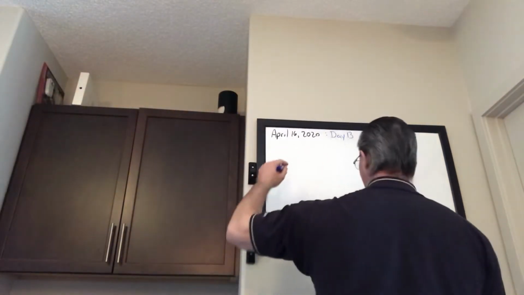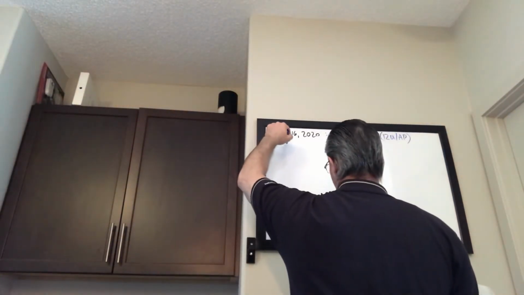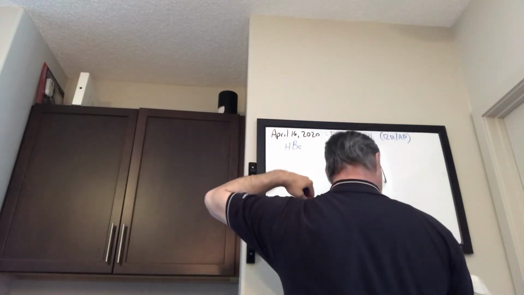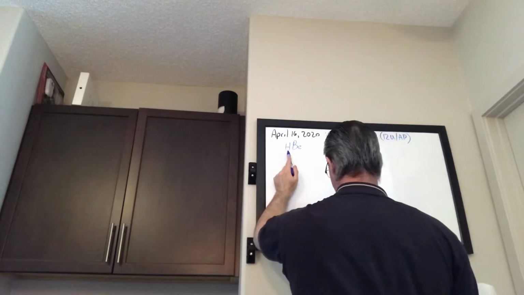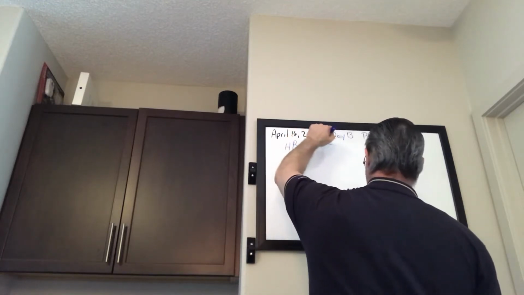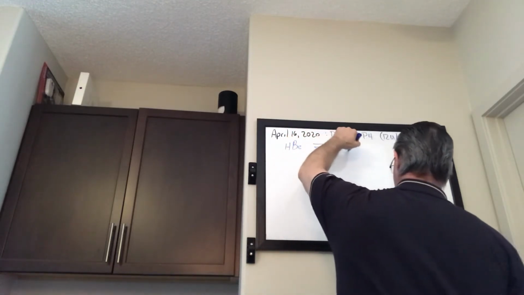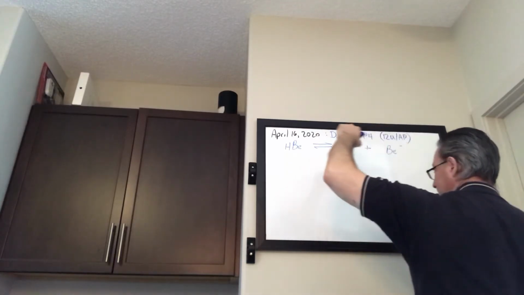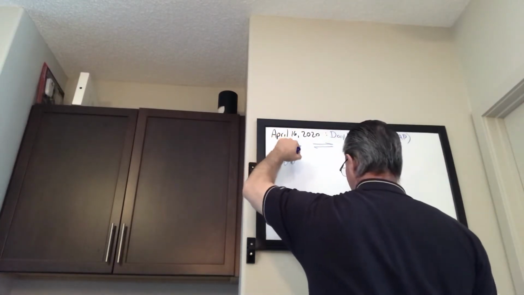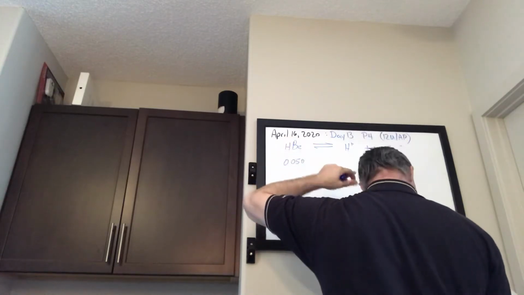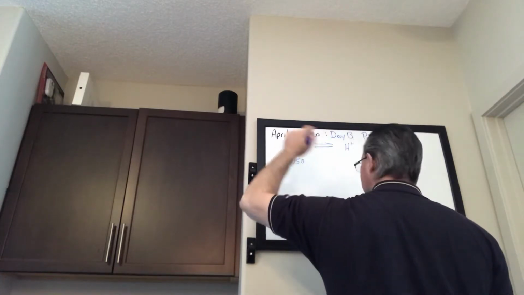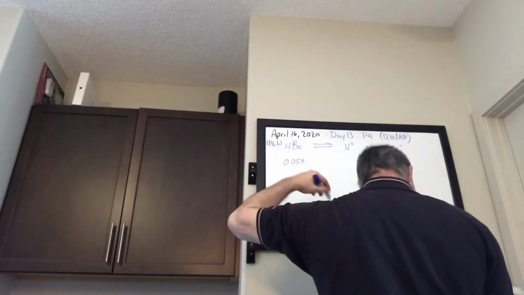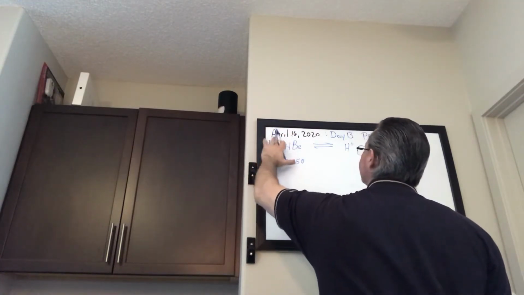So rather than drawing the whole molecule out, I'm going to call it HBE for benzoic acid. So this is the ionizable proton. It's going to dissociate into H plus ions and the benzoate anion. We're told the original concentration is 0.050.